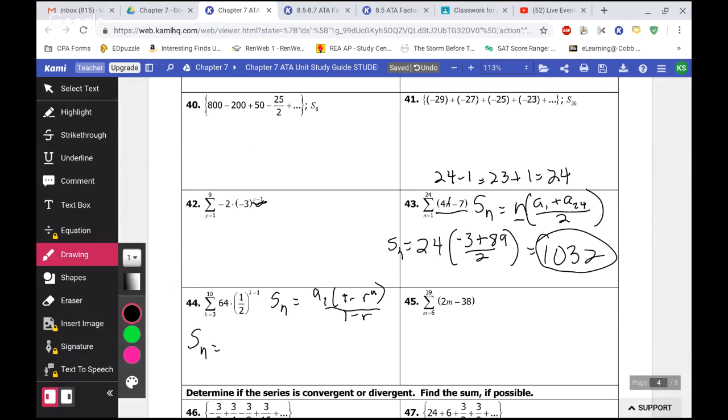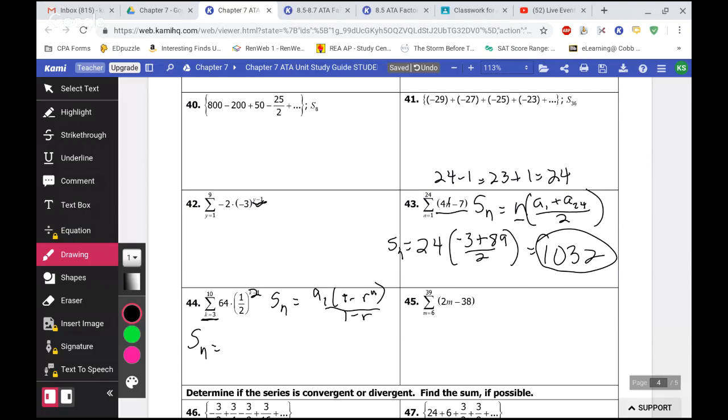So the first term, oh, it's not going to be 64. It's going to be this term right here. Which one? The 3. You're going to plug in 3 for k. So 3 minus 1 is 2. So it's going to be 1/2 raised to the second power, which is 1/4.